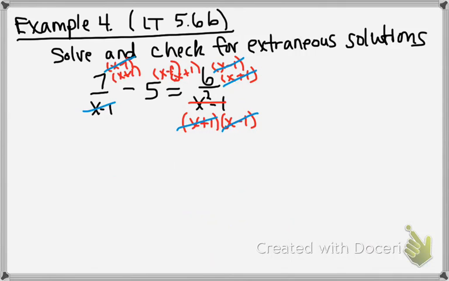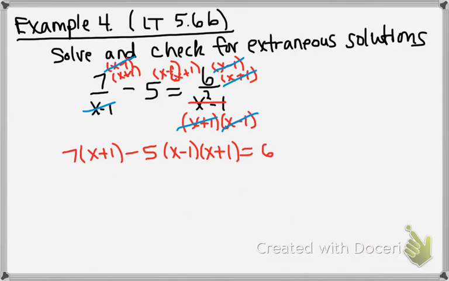So now looking at what is left, first term, I've got a 7 times an x plus 1 minus the 5 times the x minus 1, x plus 1, and then that equals 6. Again, it got rid of our fractions, so now it's just an algebraic problem we need to solve.